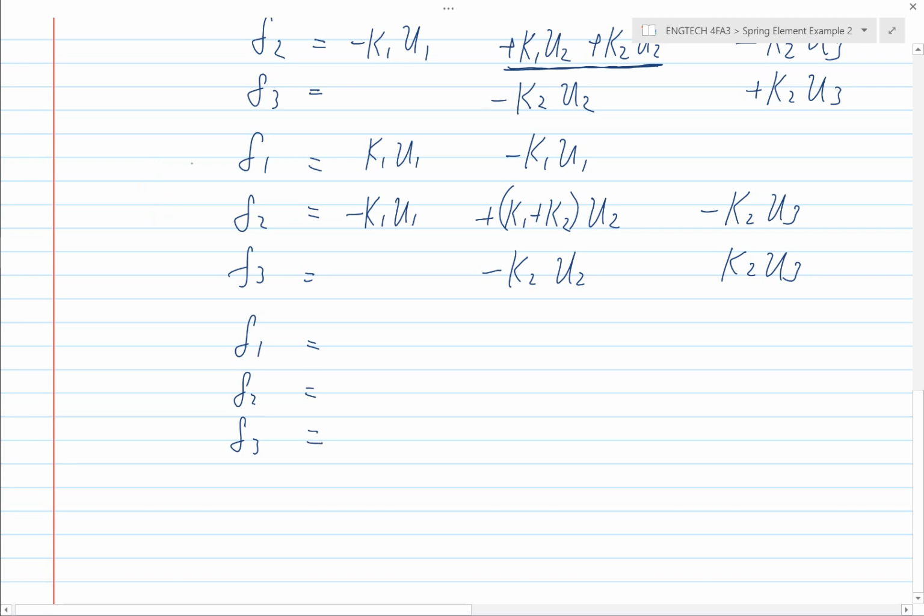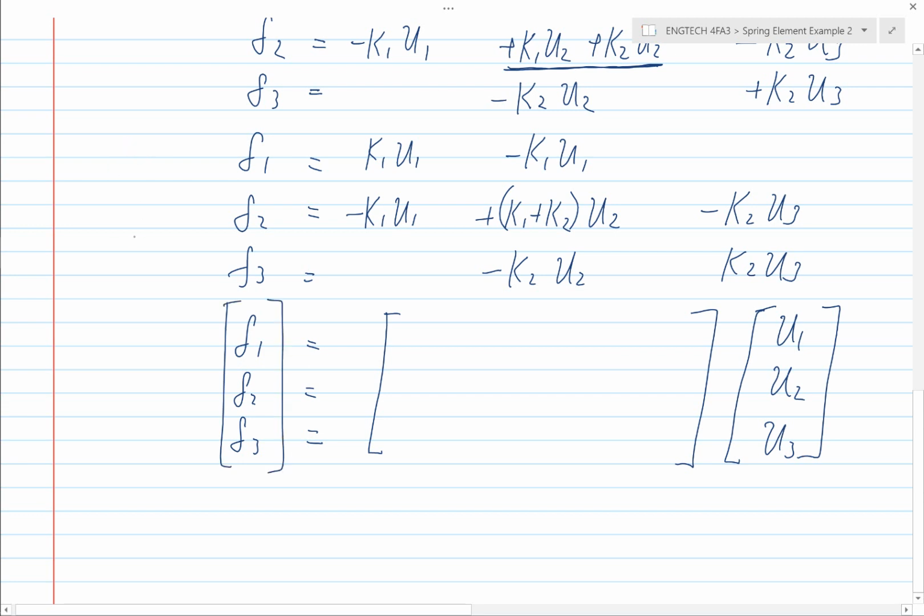Finally, we can factor out the displacement factor, U1, U2, U3.